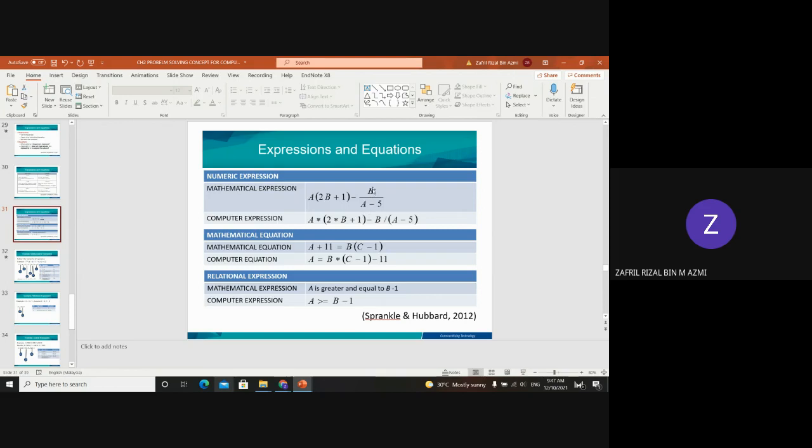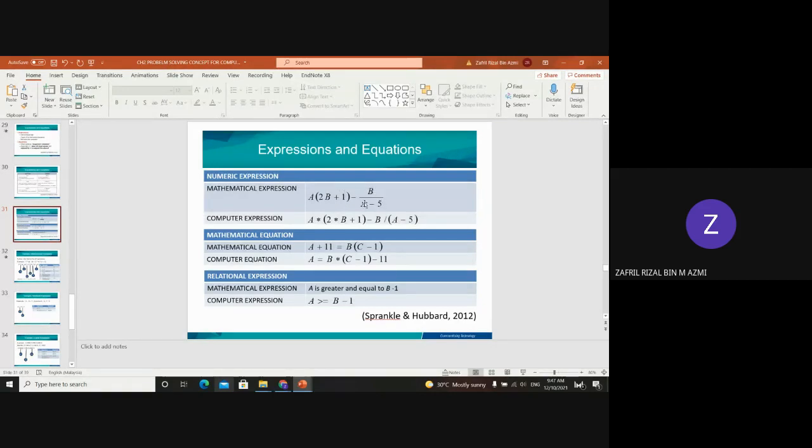Same goes to the one back here. B divided by A minus 5. So A minus 5 should be done first, so put it in bracket. Otherwise, if you don't put a bracket, you just put divide by A minus 5, so the compiler will do B divided by A first, which is wrong, because we want to follow the original expression.